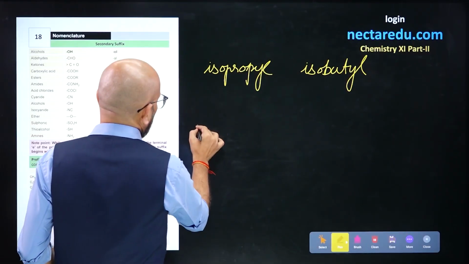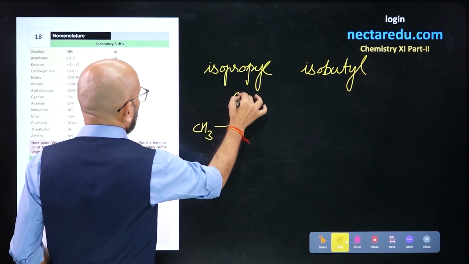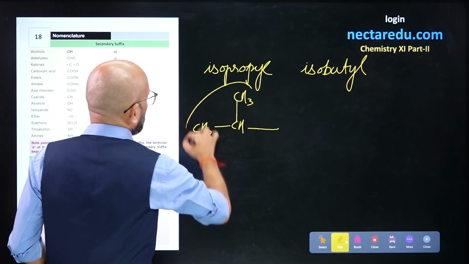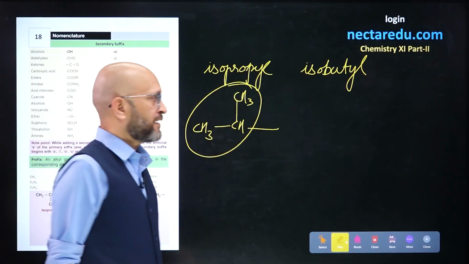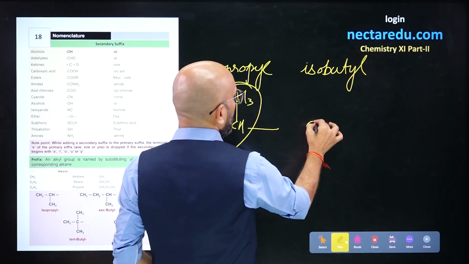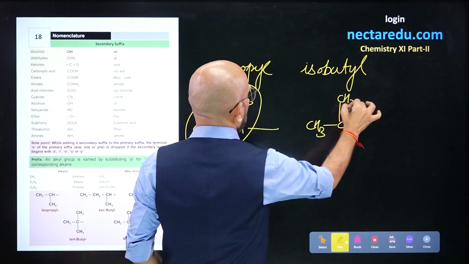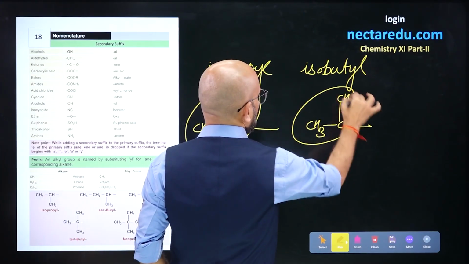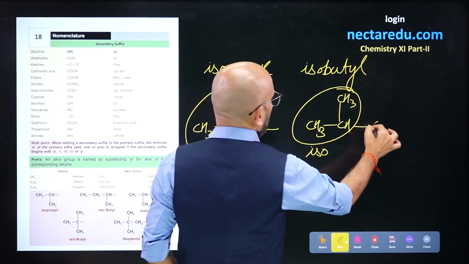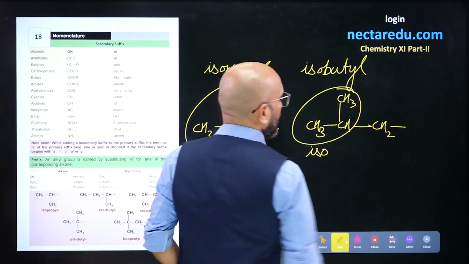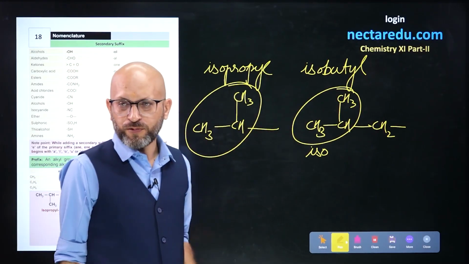For example, in isopropyl at the second carbon we have methyl, so this group is iso, and we have 3 carbons, so propyl is there. In isobutyl again you will have methyl at the second carbon, and in butyl you will have a total of 4 carbons, so isobutyl is this.